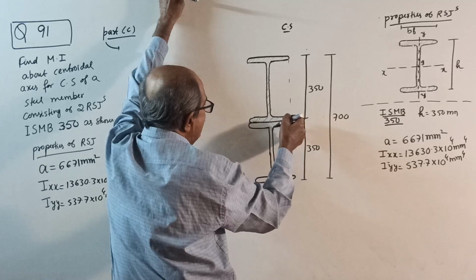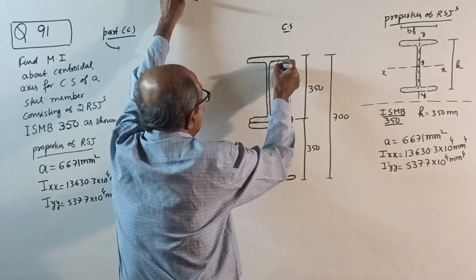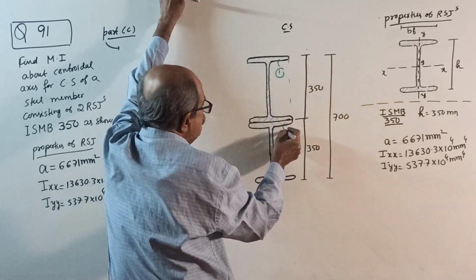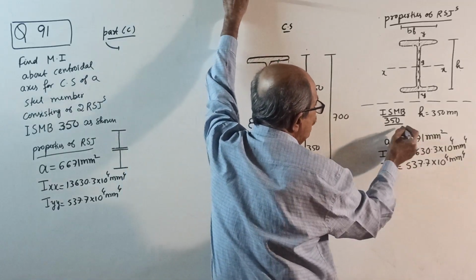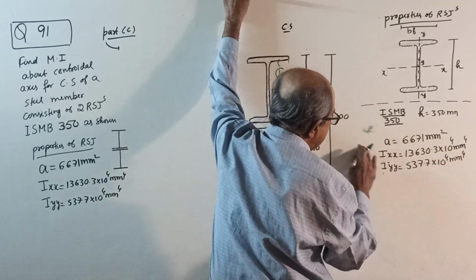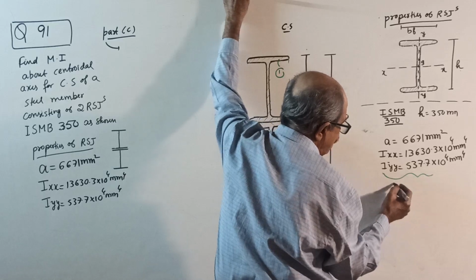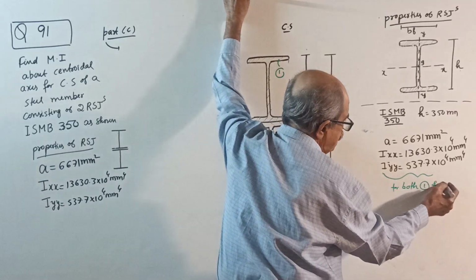This I I will take as 1, and this I as 2. You can make a note here: these are the properties for both 1 and 2.